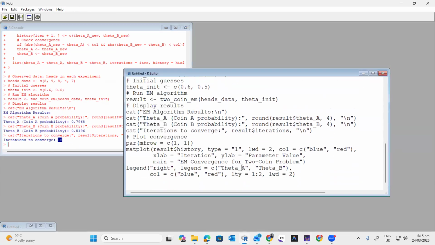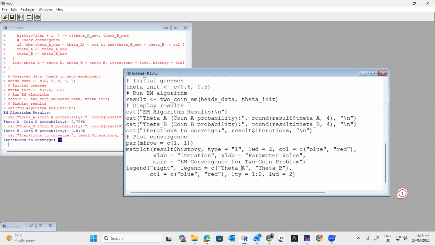Okay, now we will go for the plot. So matplot, we are going to use the command here. This plot shows how the parameter estimates evolve across the iterations, and the line indicates the convergence of the EM algorithm. So here, from the result history, we are going to store the values of theta A and theta B, and we are going to use the line.